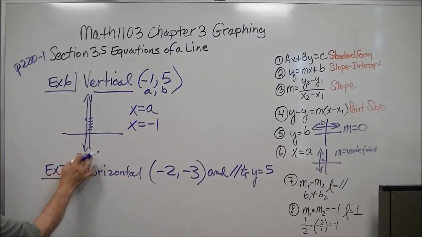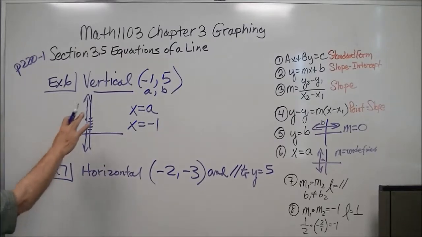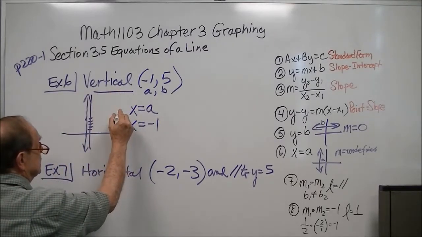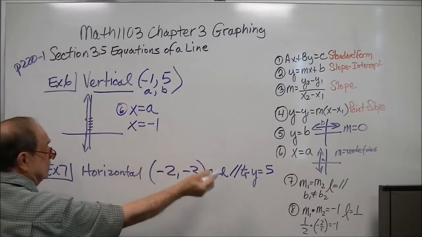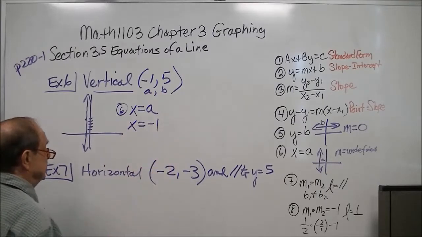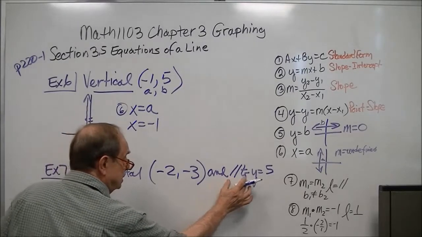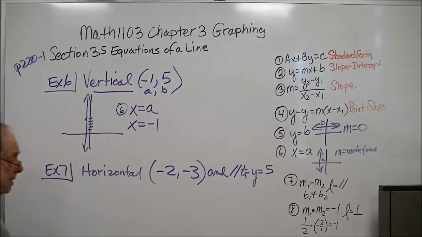You could have picked it up from the graph or from the ordered pair using this criteria. Got a vertical line, the equation is number 6, x equals a. And what's in the a position? -1. And in 7, we could do something similar. We want a line that is parallel to y equals 5. What kind of line is that? That's horizontal.